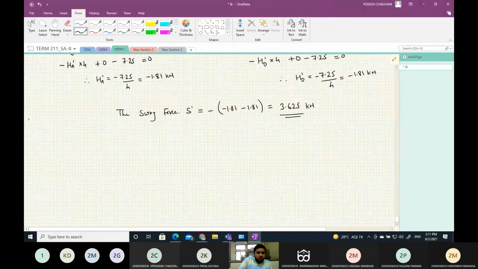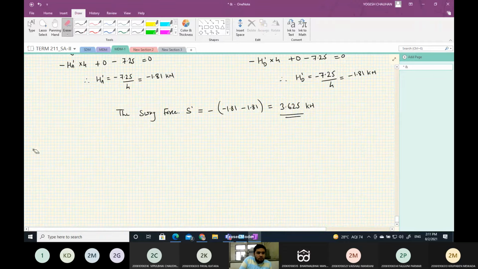So in the next step, we have to do the sway correction, to get the final moments considering sway correction.